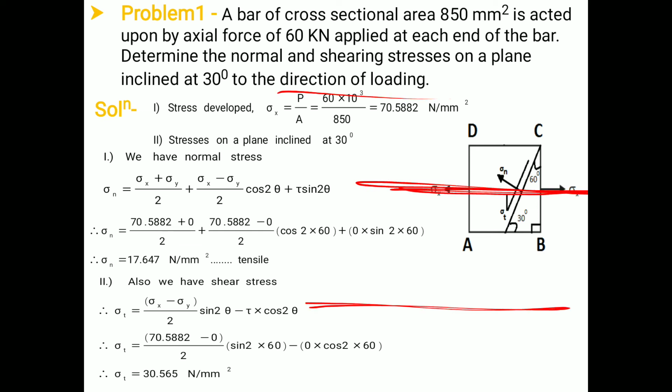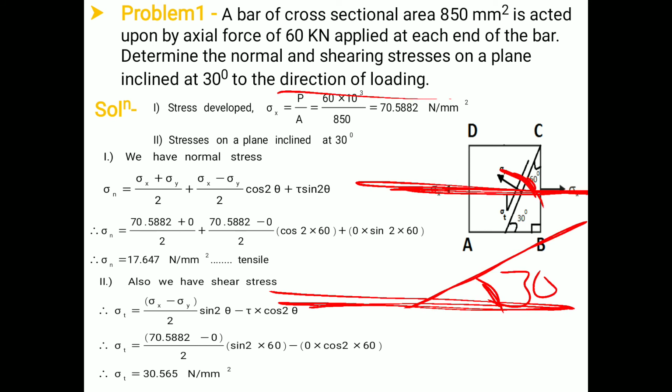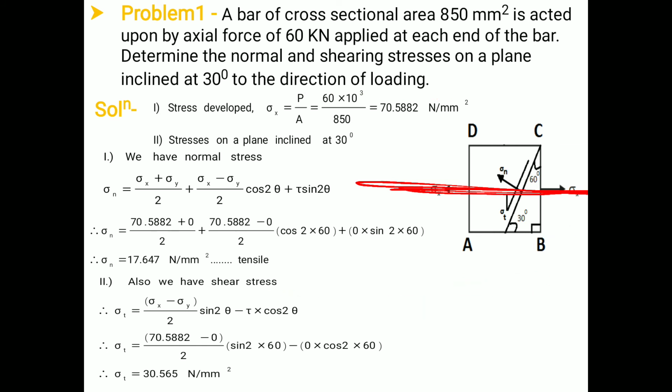So this is the direction of loading, and with respect to that it makes an angle of 30 degree. I am showing over here this angle is 30 degree, but we have derived our equation for this particular angle. So you try to find out this particular angle.